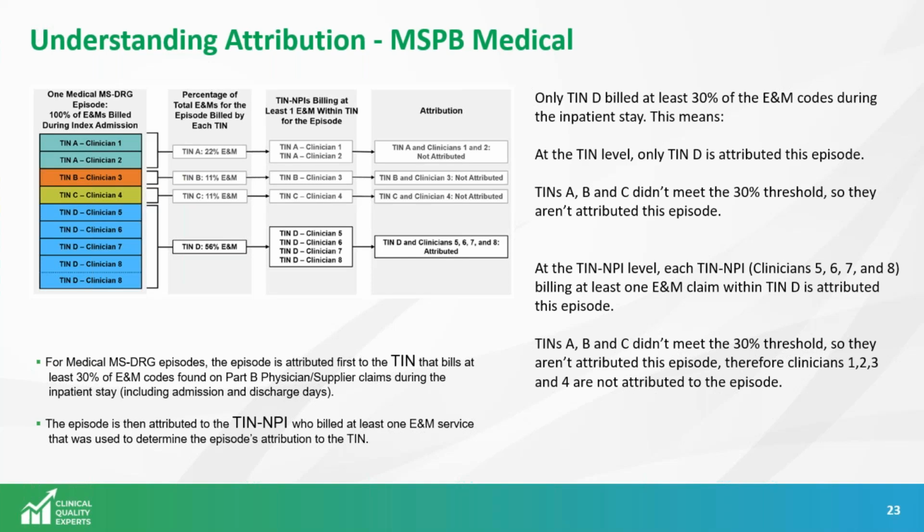Now, if you look at the clinicians, each of the clinicians at TIN D billed at least one E&M code, so all of them will get attributed to the episode. The clinicians at the other TINs, they also billed an E&M code, but because their overseeing TIN did not have the 30% advantage, they do not get attributed.